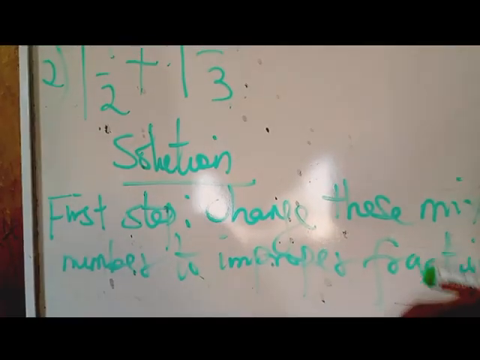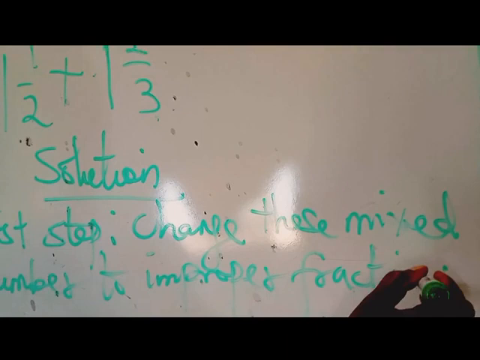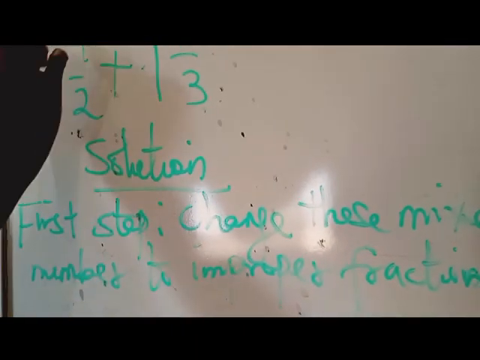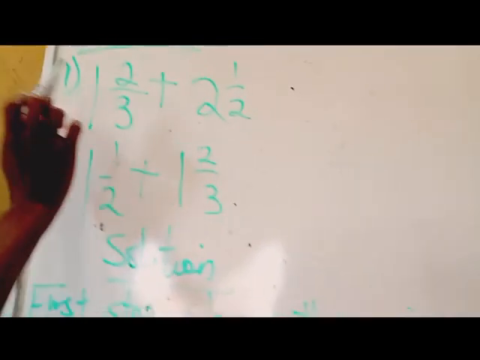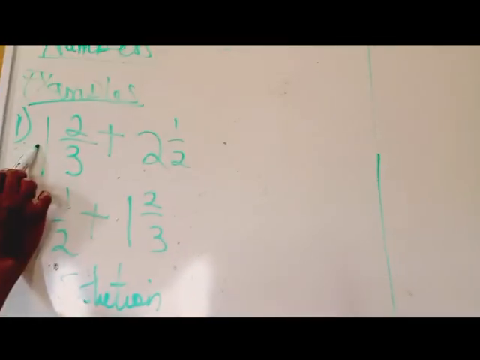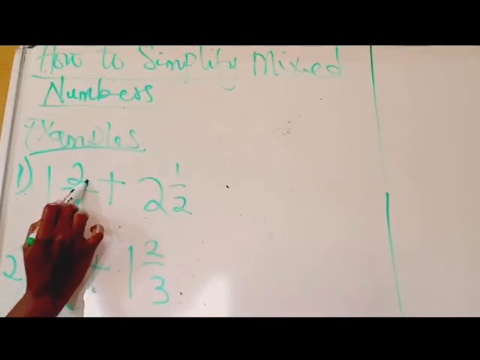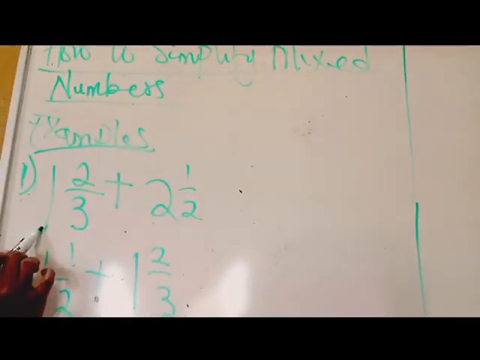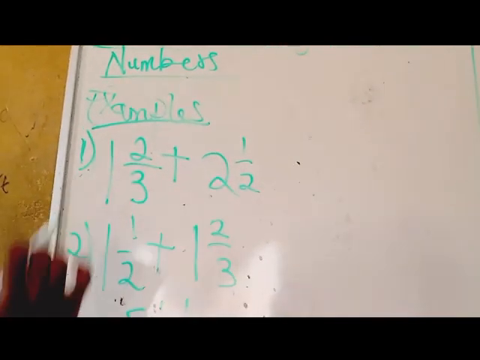I know that you might be wondering how on earth you are going to be able to do that. It's quite simple. Now look at me. It's going to be 3, the denominator, multiplying the whole number, then you add the result to the numerator. Now let's get started. 3 multiplied by 1 is 3, and 3 plus 2 is 5.